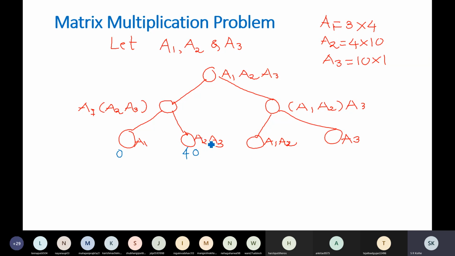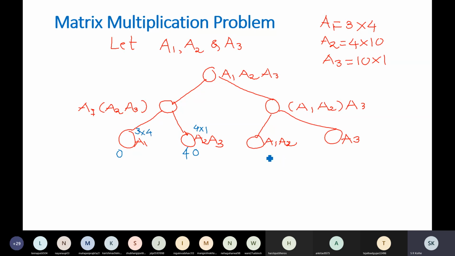Here, what will be the dimensions of the result of this multiplication A2, A3? 4 by 1. This will be 4 by 1, and A1 is 3 by 4.